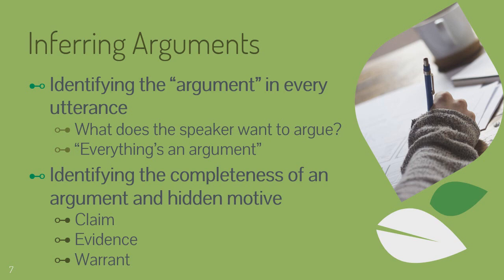Right. Now, when we want to infer arguments from a text, there are three steps that we need to consider. Okay, the first one is to identify the main idea, the main argument of a text. And then we also try to go deeper by trying to find the basic assumptions of the writer.